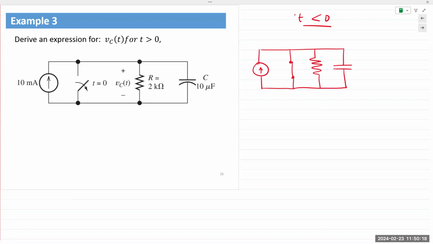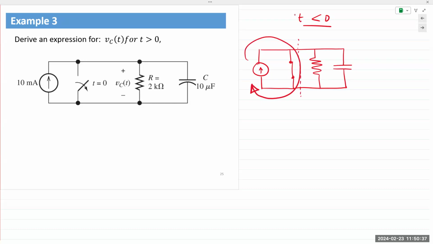Now understand that in real life, this would never be the case. We would not take a source and short out its terminals. This is just to illustrate that because the switch has been closed, all of the current is flowing through that short circuit pathway. The capacitor and the resistor are left alone.